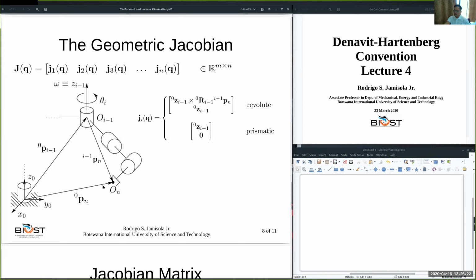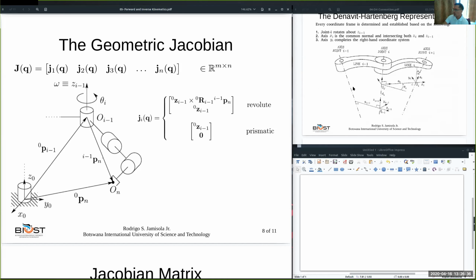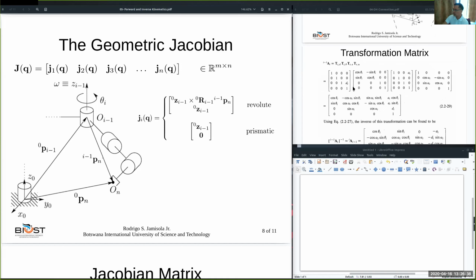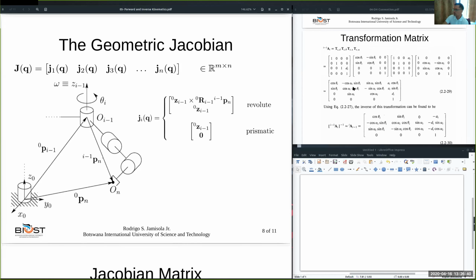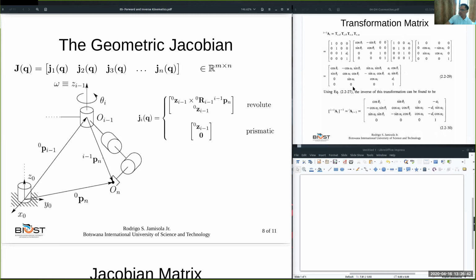So how do we compute the Jacobian based on what we know? First of all, we will try to see what the Jacobian composition is, and we will look at the transformation matrix. This is the general transformation matrix that we have.